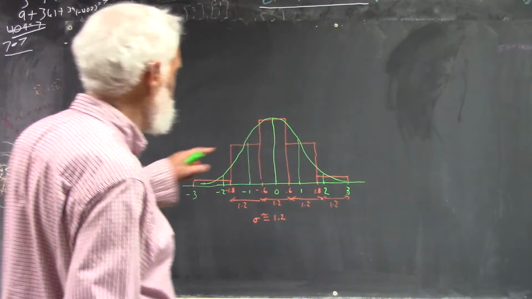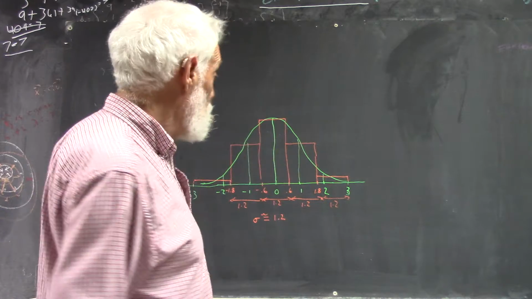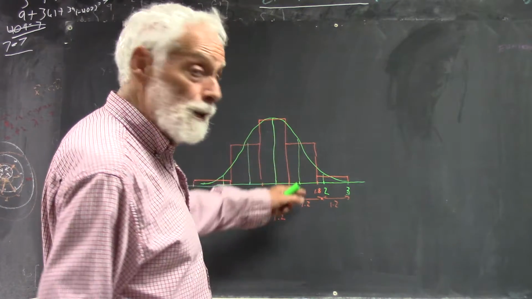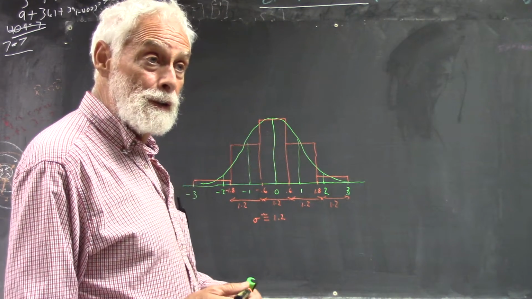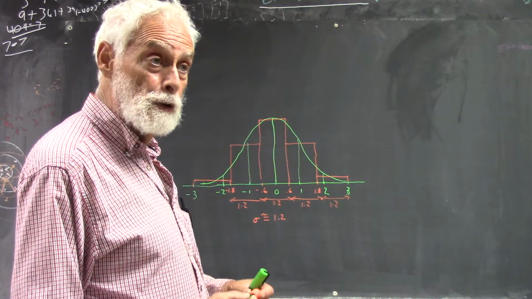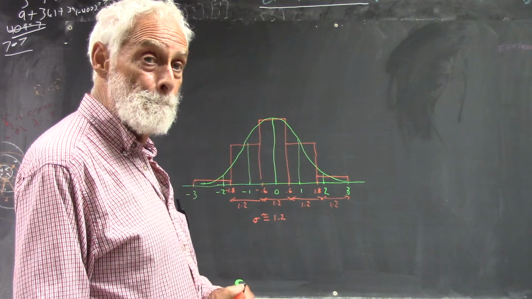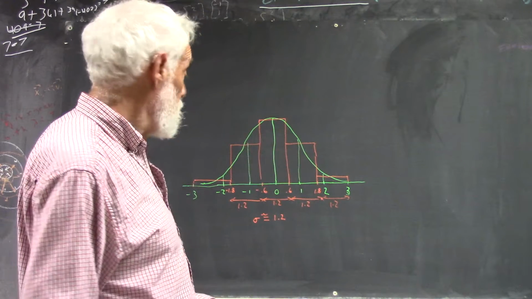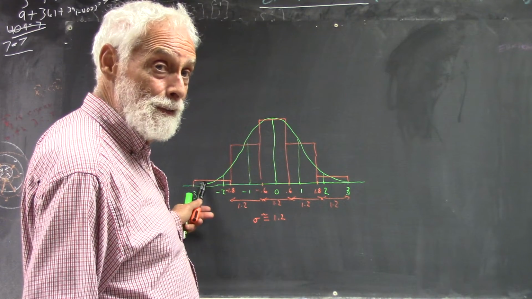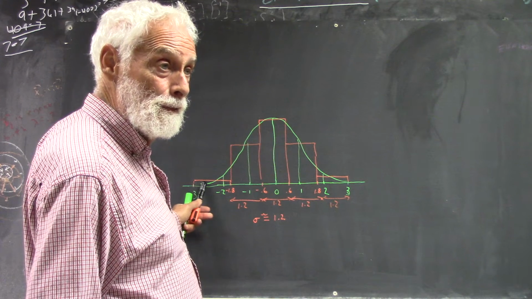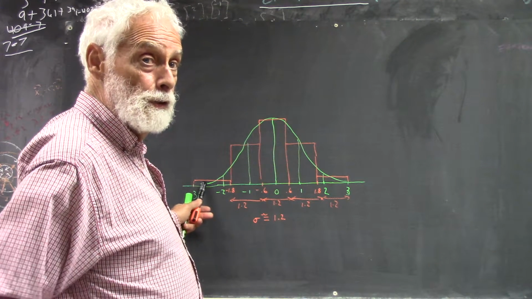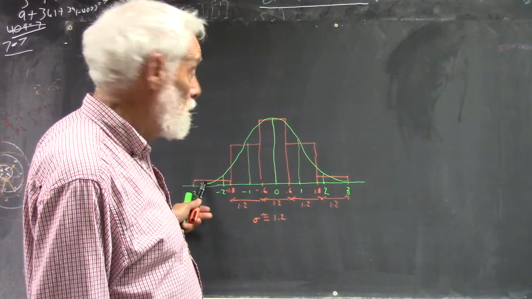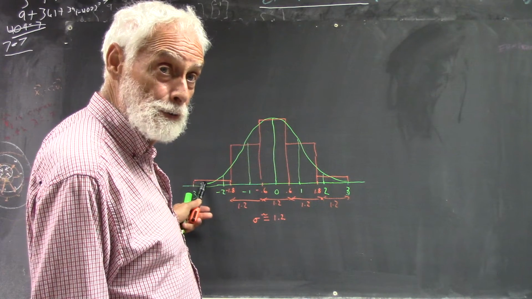So now I've got 3 bars that might well represent the probabilities if I flip how many coins? How many coins would these bars correspond to? Well, how many heads do you have here? 3. What's the least number of heads you can have? 0. Okay, so that corresponds to 0 heads, right?